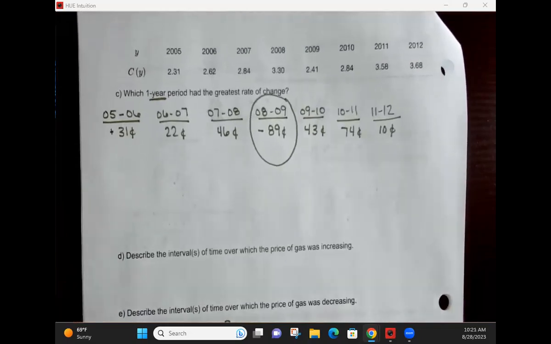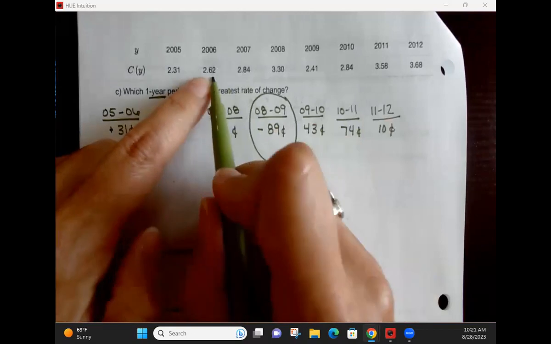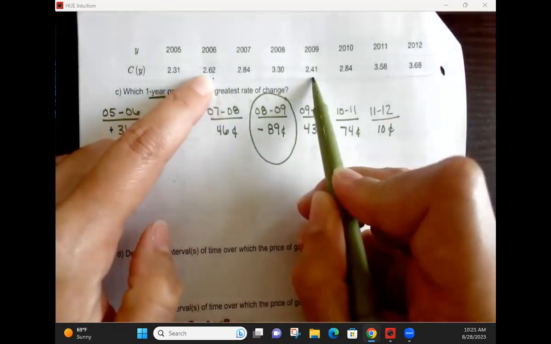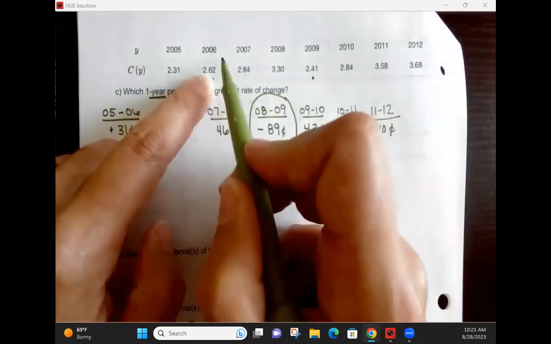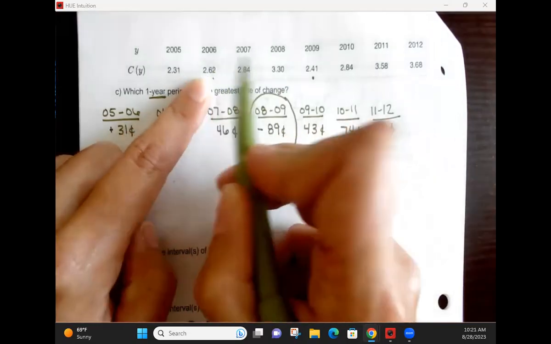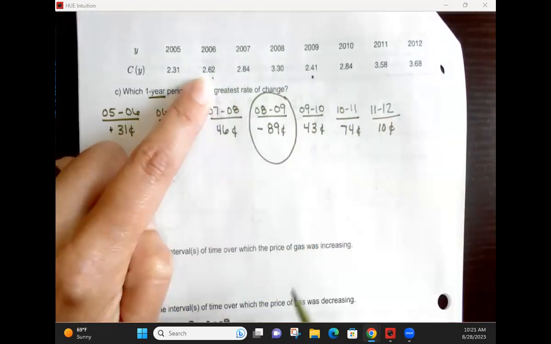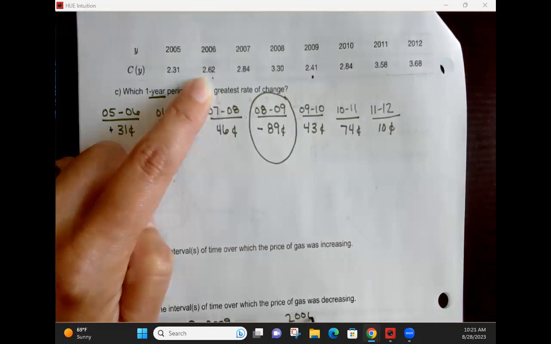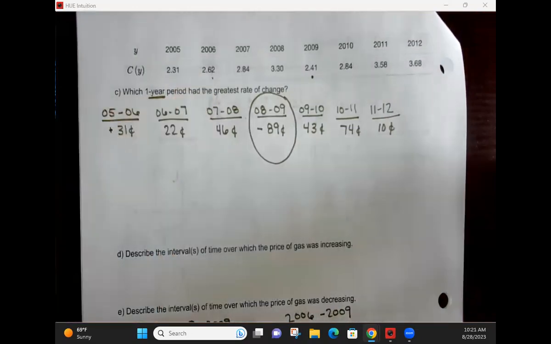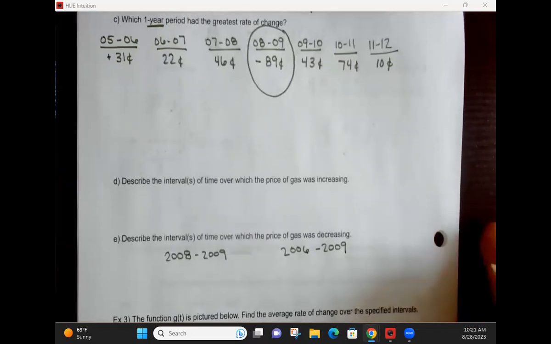I could also zoom out and look at a larger interval and find a time when the price of gas was decreasing. So if I talked about from 2006 to 2009, the price of gas on average was higher in 2006 than it was in 2009. So I could also say from 2006 to 2009, my average rate of change for that time period would be negative.